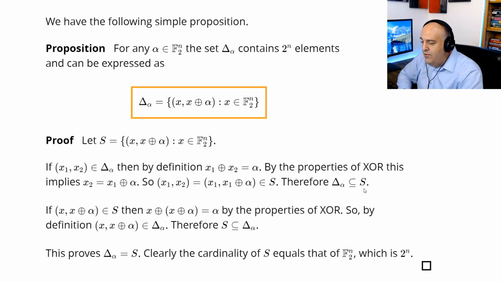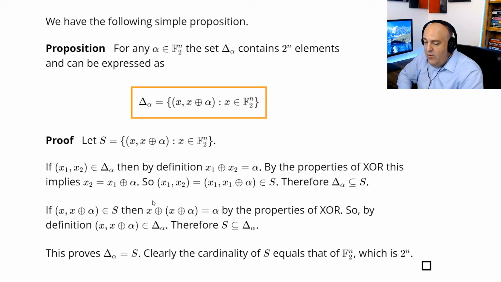Now our goal is to prove the other inclusion. So why don't we take a member of S, and that means that it's of the form x comma x plus alpha for some x. And why don't we just observe that if we add the two coordinates, x plus x plus alpha, well, those x's cancel away to 0, so we just get alpha.